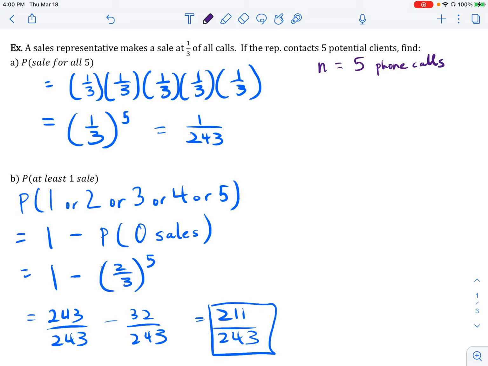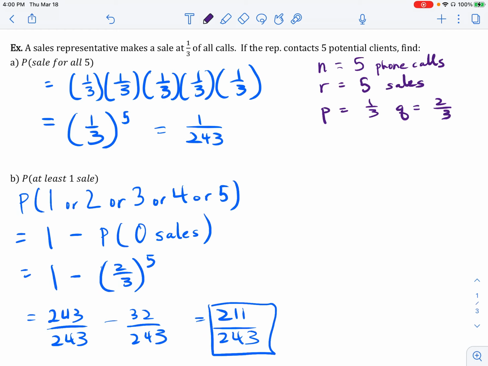And if that sales rep is getting a sale on every single one, how many successful events, quote unquote, are we looking for here? This would be 5 sales. Well, P here, again, the probability of success is 1/3, whereas Q was 2/3. So how could I use binomial probability here?